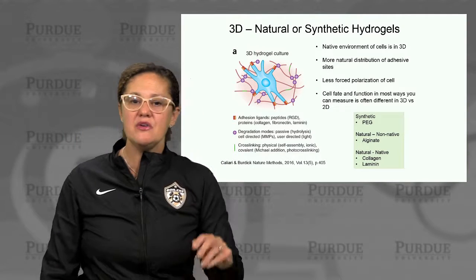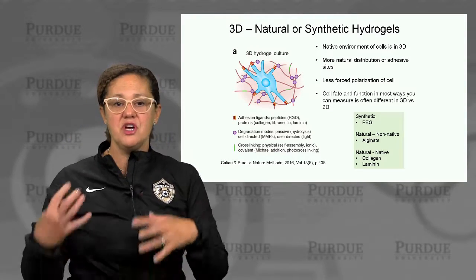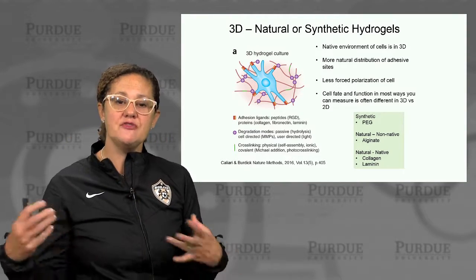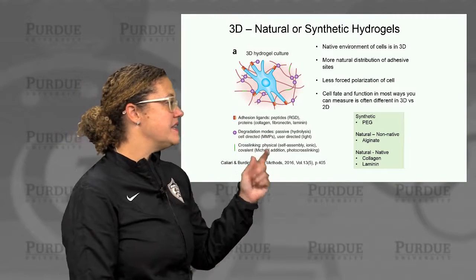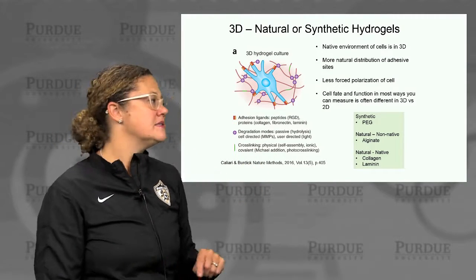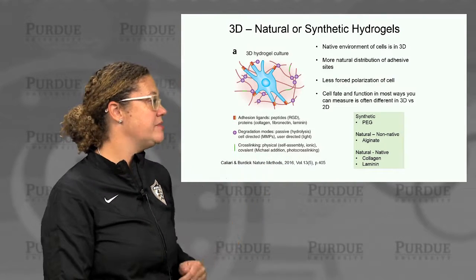Now, for the sake of devices, there are different types of three-dimensional materials that we often use to house cells in devices. They can be synthetic, such as a PEG-based system. They can be natural and non-native, such as alginate polymers.